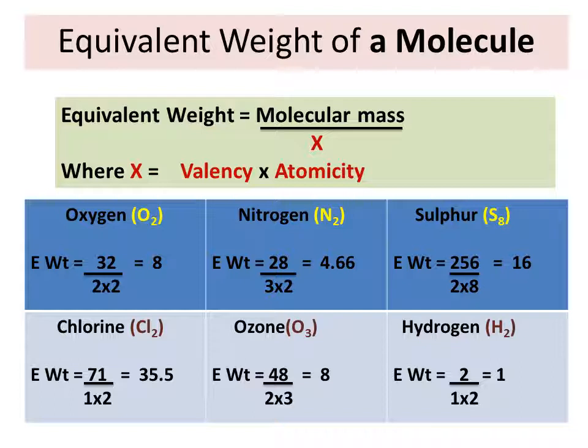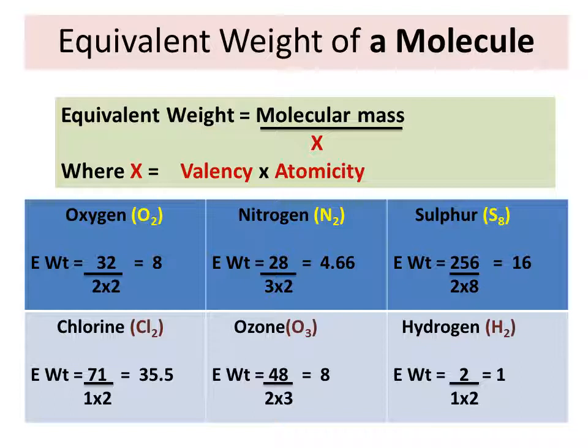In case of oxygen, O2, the molecular mass of oxygen is 2 atoms of oxygen, and 16 is the mass of one atom. So 2 into 16 comes out to be 32. So molecular mass of oxygen is 32 divided by valency into atomicity.